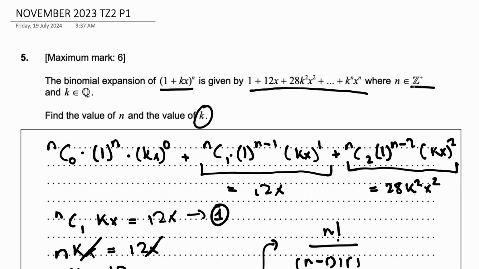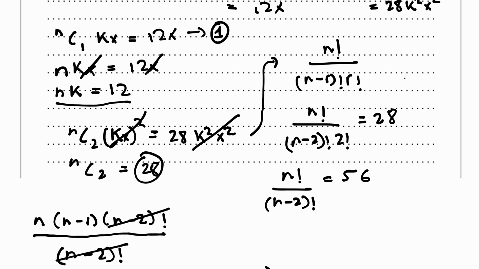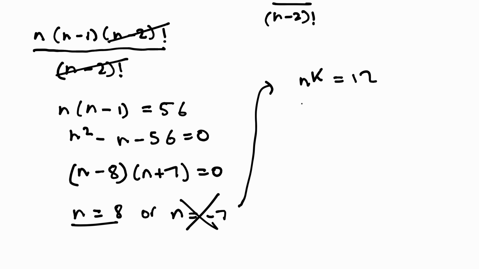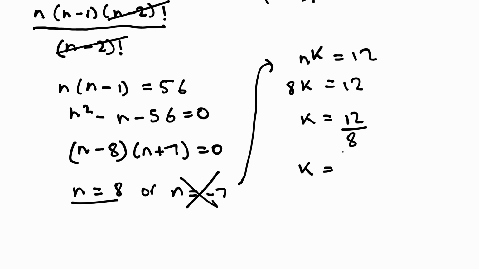See, that's where they'll trick you. n is in Z plus, so it's a positive number. Okay, so nk is equal to 12 and we know that n is equal to 8. So 8k is equal to 12. So k is equal to 12 over 8, which if I simplify is equal to 3 over 2.